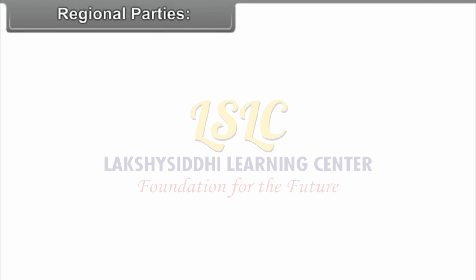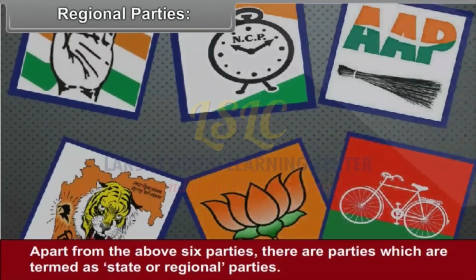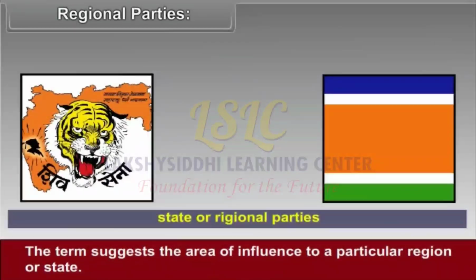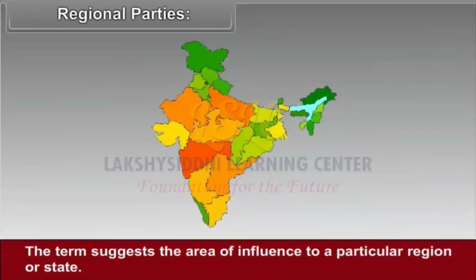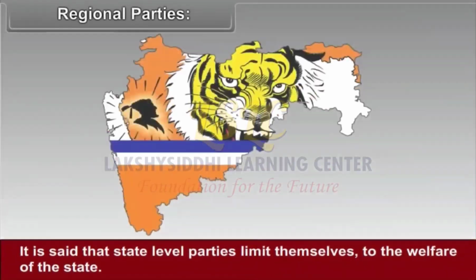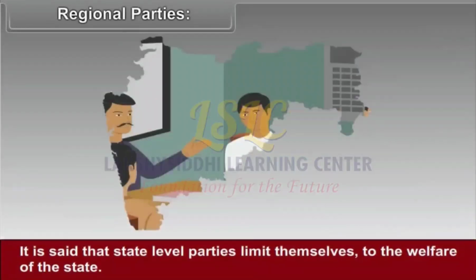Regional parties. Apart from the above six parties, there are parties which are termed as state or regional parties. The term suggests the area of influence to a particular region or state. It is said that state-level parties limit themselves to the welfare of the state.